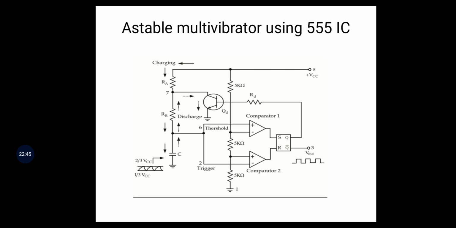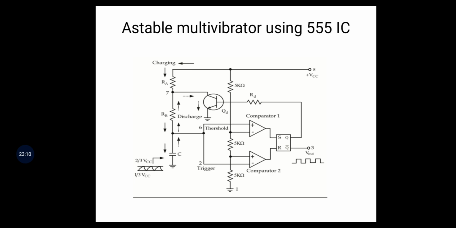Thus the capacitor starts charging through the resistances RA, RB and VCC. The charging path is shown by the thick line. The total resistance in the charging path is RA plus RB.